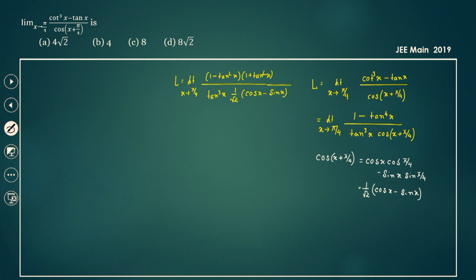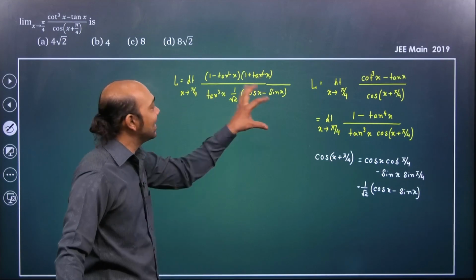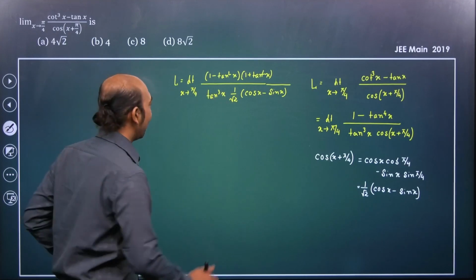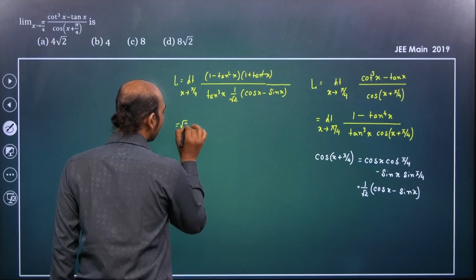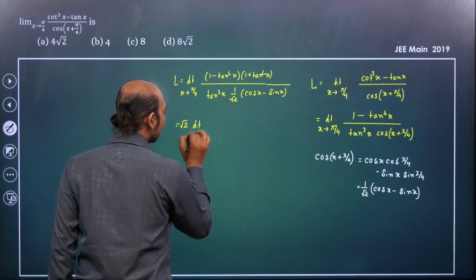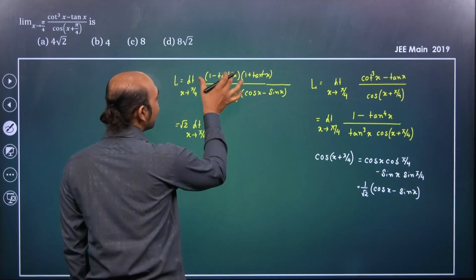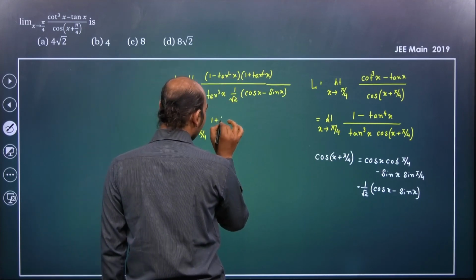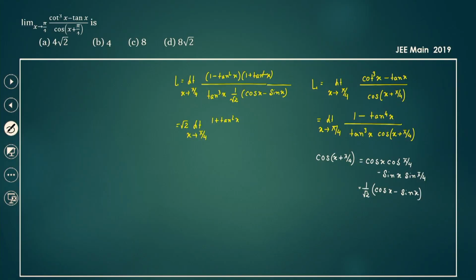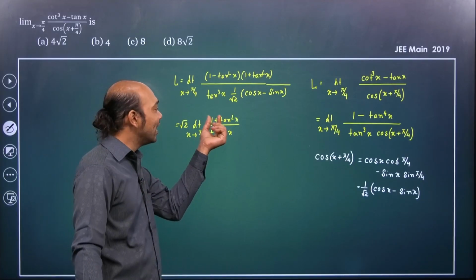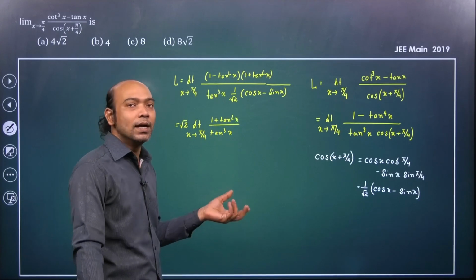Now we can easily see that this is a multiplication of two limits. Obviously the 1 by root 2, I don't care about, so it will be equal to root 2 into the limit x tends to pi by 4 of 1 plus tan square x divided by tan cube x. This part can easily be separated because if I substitute x equal to pi by 4, we get 1 plus 1 divided by 1, because it is not a singular point.